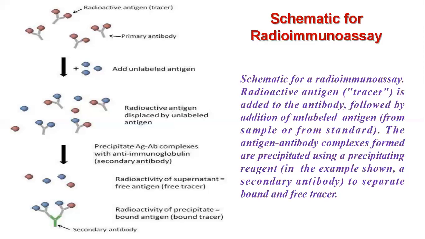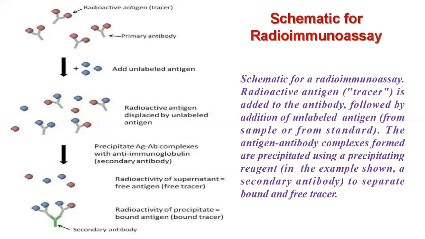The amount of labeled antigen present in the solution in unbound condition should be present in the supernatant. Now what we have to do is use a secondary antibody for a precipitation reaction. This secondary antibody will bind with the primary antibodies, and then we go for centrifugation. During centrifugation, the secondary antibody binds with the primary antibody and drags it to the bottom of the centrifuge tube.